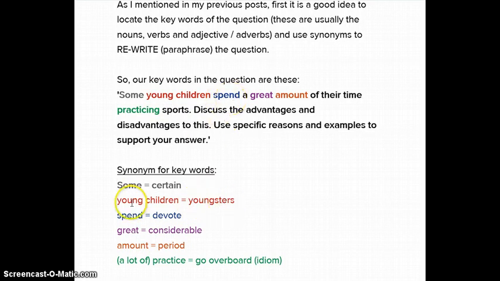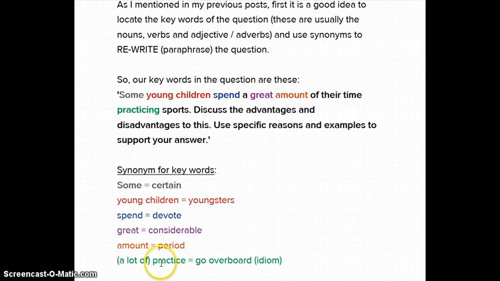Spend, which is the verb, I have put the word devote, which is a nice formal academic word. Great, which is an adjective, I've put considerable, which is the same meaning. Amount, I have put period. Amount of time we're talking about for the period of time. And finally, practicing for sports.